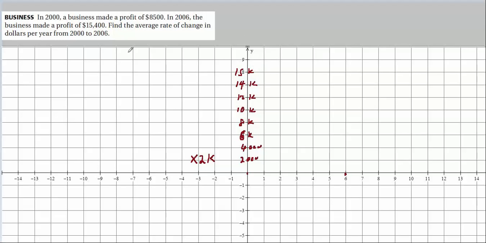What we're going to do is go from 8,500 in 2000. So here's where they were at in 2000. Out here in 2006, 15,400. Well, we'll make it about right there, right?